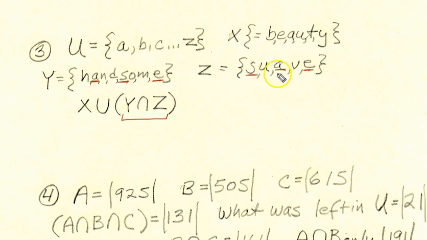So what do I have then? A, E, S, as a result of this intersection. Now I'm going to put it in a union with X. So this is BEAUTY.